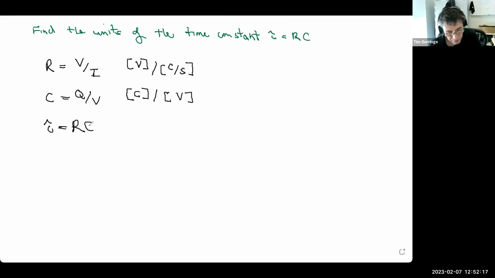Now, to find the units of the time constant, which is RC, all I have to do is multiply the units of resistance by the units of capacitance. Let me fill those in and do the multiplication.